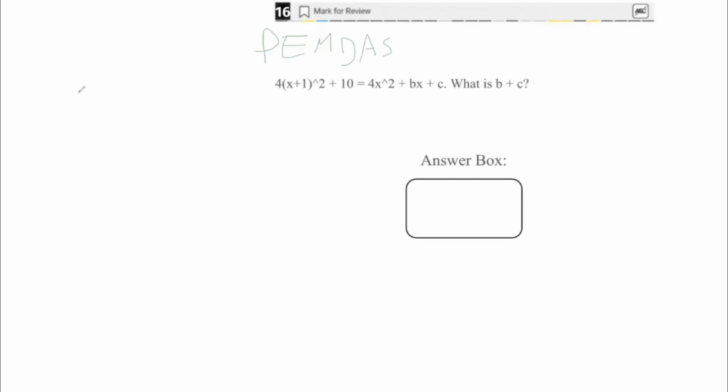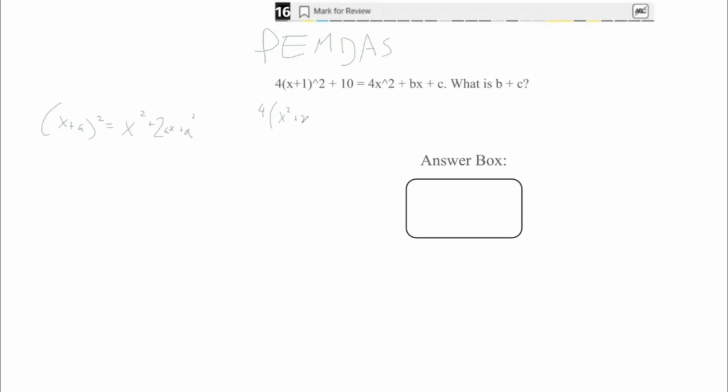All right, let's expand this fella. Well, I remember that (x plus a) squared was equal to x squared plus 2ax plus a squared. So that's going to save me a little time, so I don't actually have to FOIL it. I'm going to keep this 4. And I'm just going to do x squared plus 2 times 1 times x.